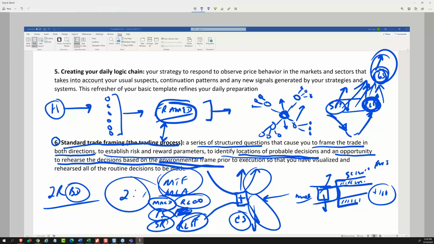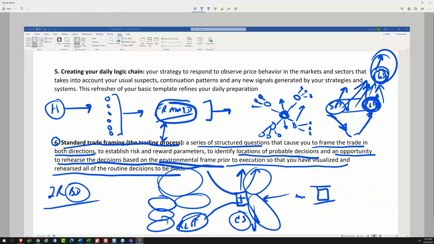That should be the most rehearsed decision of all. So we want to do all of those visualizations and rehearsals before we're into the trade, so that we don't have to spend any cognitive effort under stress trying to decide, well, should I get out? Where will I get out? When do I re-enter? And do I stop and reverse? I want to have all that rehearsed in my trade frame so that in the moment, all I have to do is execute.